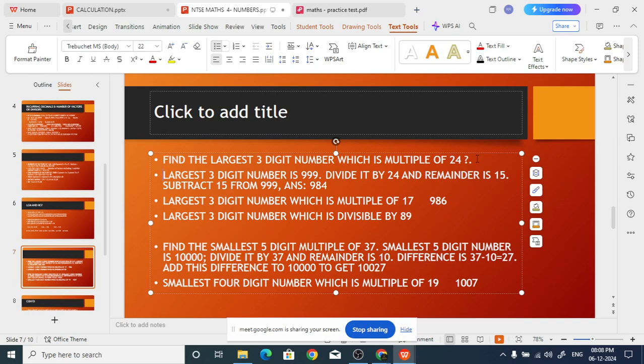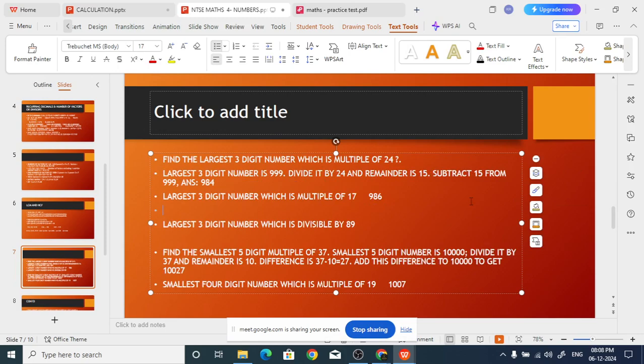Find the largest three-digit number which is a multiple of 17. How will you find it? The largest three-digit number is 999. Now I am going to divide this by 17. How much are you getting? 999 divided by 17.